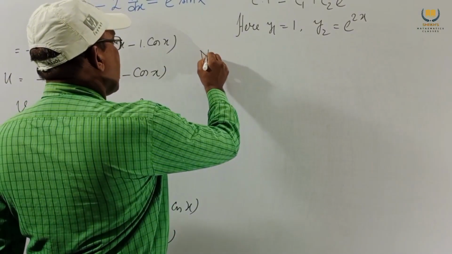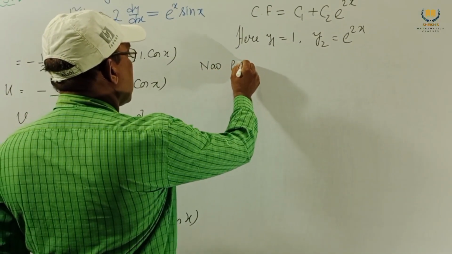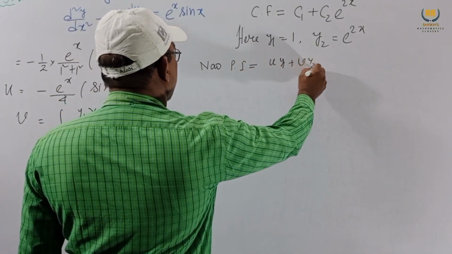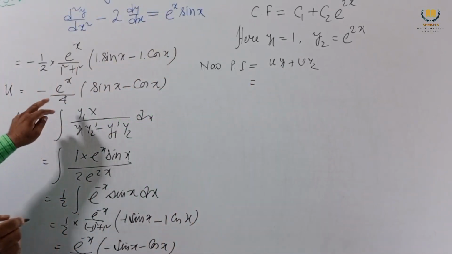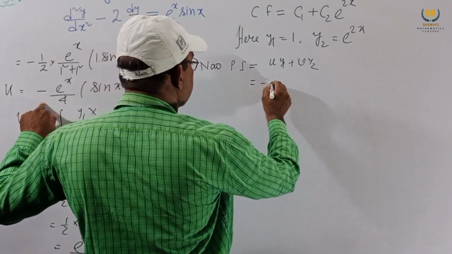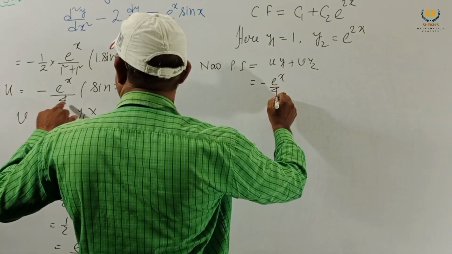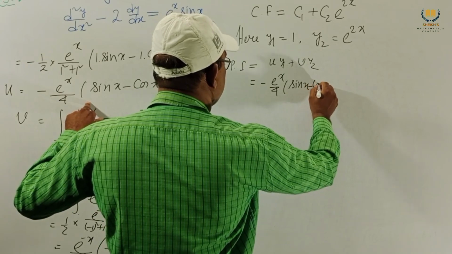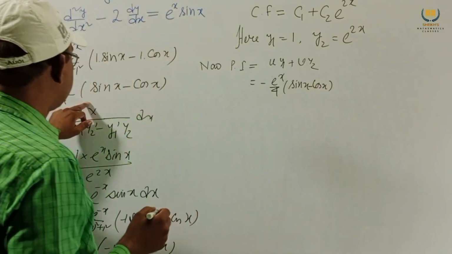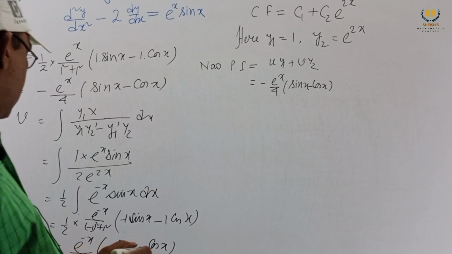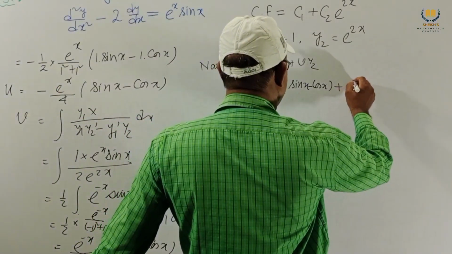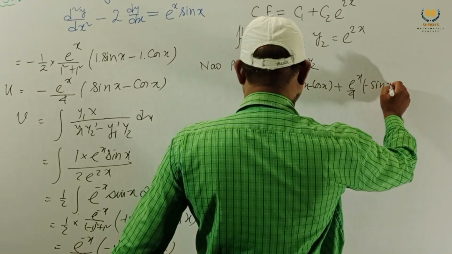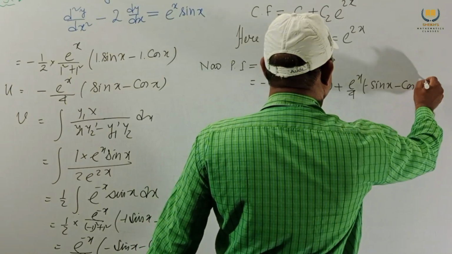Now PI, the particular integral, equals u y1 plus v y2. Here u is minus e to the power x by 4 (sin x minus cos x), and v is e to the power x by 4 (minus sin x minus cos x).